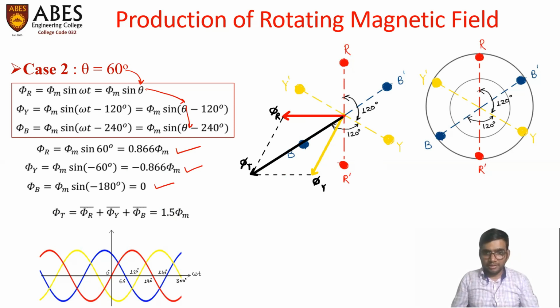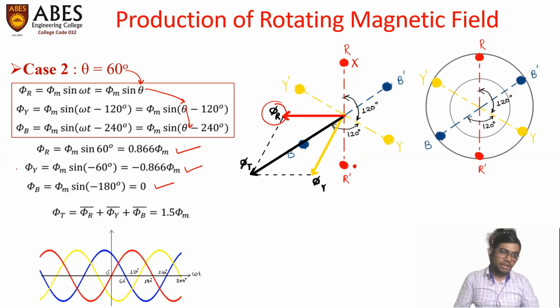So here phi v will be 0, and if we draw the phasor corresponding to red phase flux and yellow phase flux, phi r is positive. It means here current will be inward, and from this side current will be outward. So we can draw the phi r, that is the flux produced by red phase, along this direction by using the right hand thumb rule.